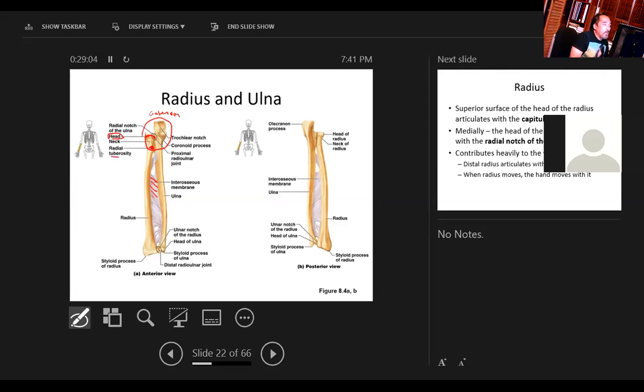It is called the radial tuberosity. Then on the part of the ulna, on the anterior view, I can see this process. This is called the olecranon process. And this one at the bottom is called the coronoid process.